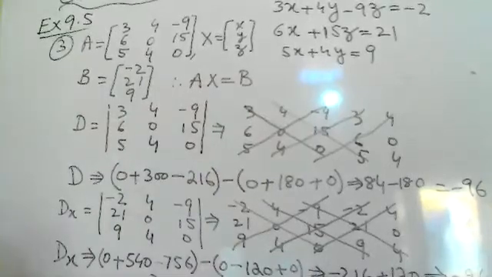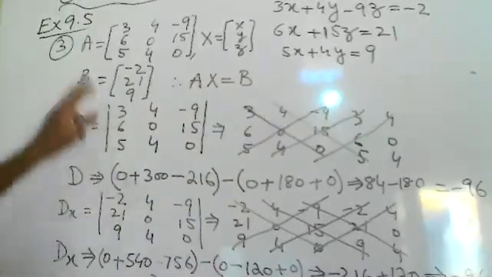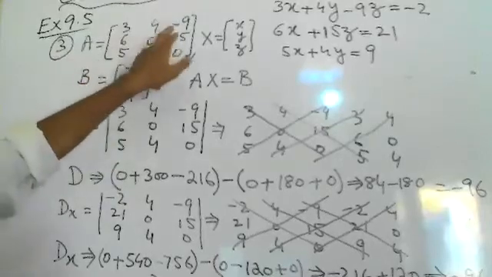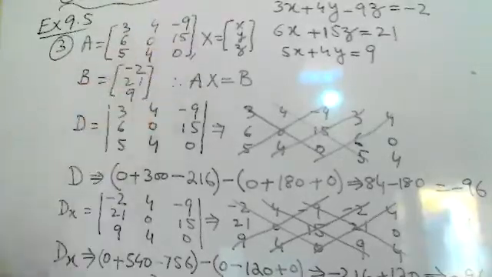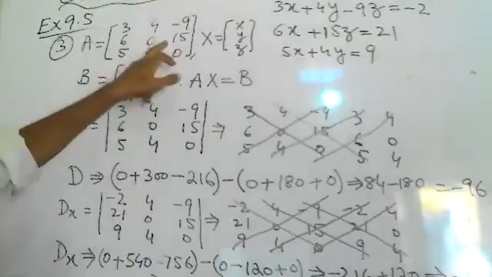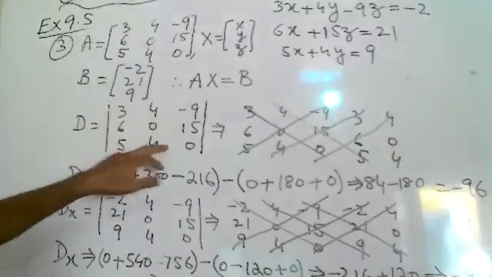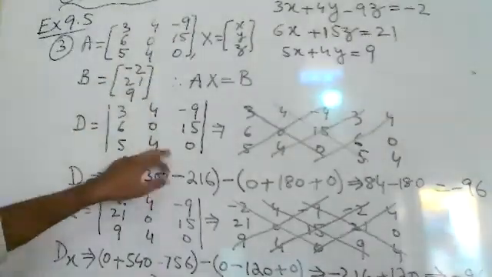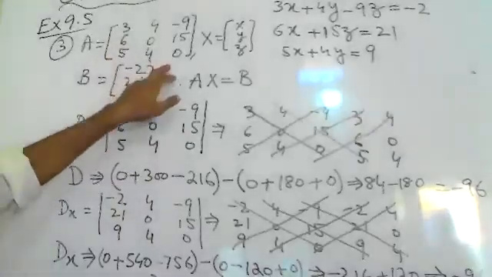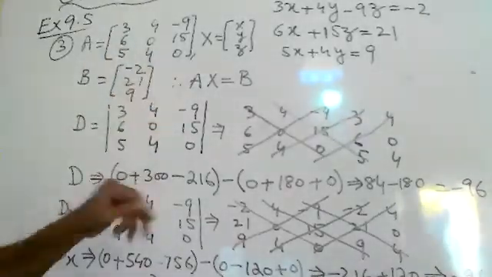अब A को हम डिटर्मिनेंट में कन्वर्ट करेंगे. The matrix A, the coefficient matrix, is converted into the determinant. Because this is 3 by 3, it can be converted into a determinant to evaluate. A matrix cannot be evaluated, only the determinant can be evaluated.